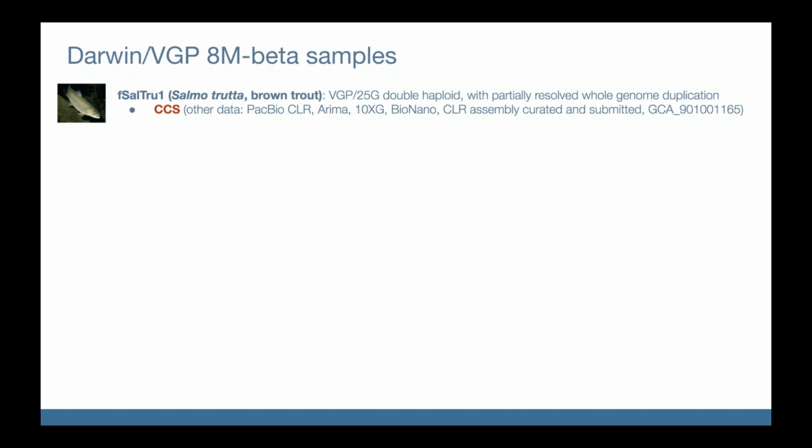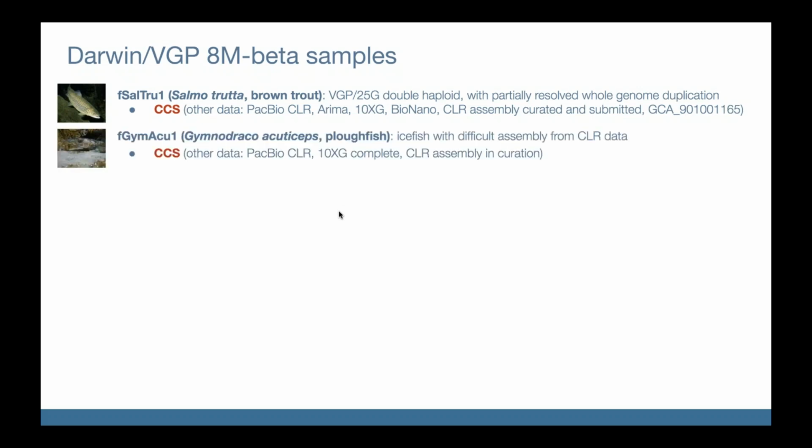This is a nice species that we got from a collaborator in Norway, and it is actually a double haploid sample, which is quite important here because the brown trout genome has an unresolved whole genome duplication, which means some of the genome is still in a tetraploid state. We previously had CLR data, and we have the other data types from the VGP project for this. We've actually gone through and curated and released an assembly, but we were curious what the CCS data was going to look like for this one.